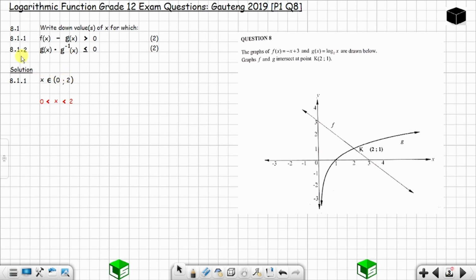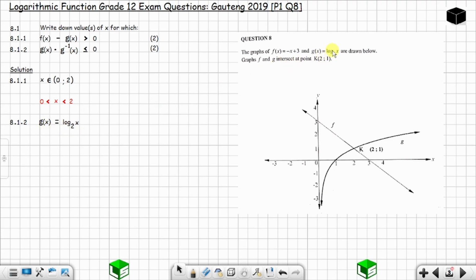Okay, now question 8.1.2, the question is g of x times the inverse of g of x is less than or equal to 0. Okay, you are given g of x, right? Log of x base 2. This is g of x.